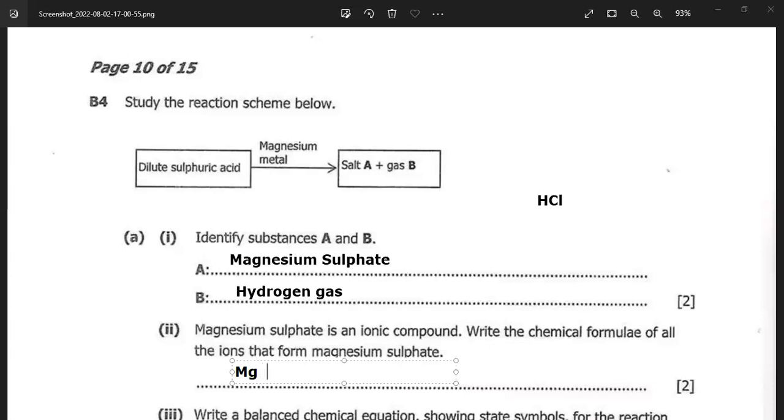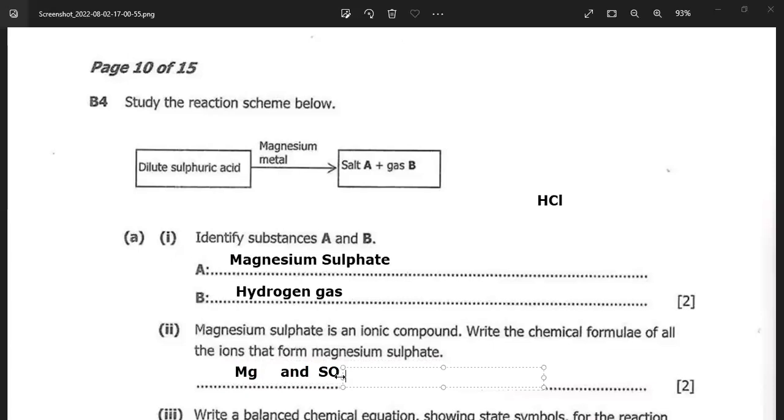Mg2+ and SO4 2 minus, because the sulfate actually has a valency of 2.